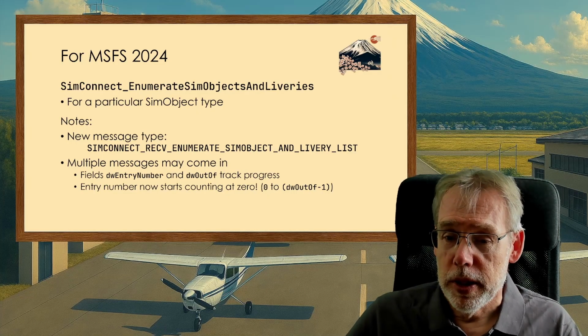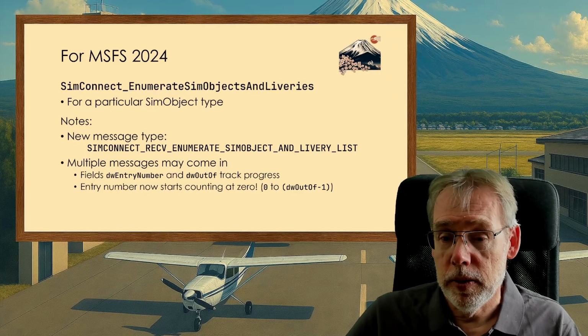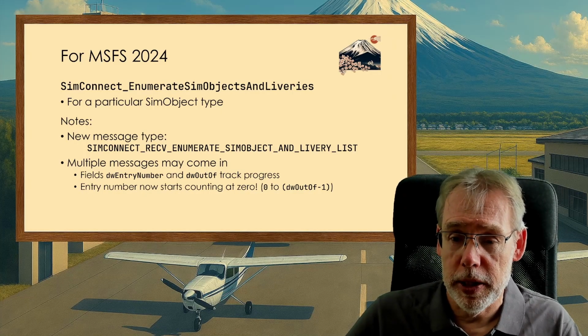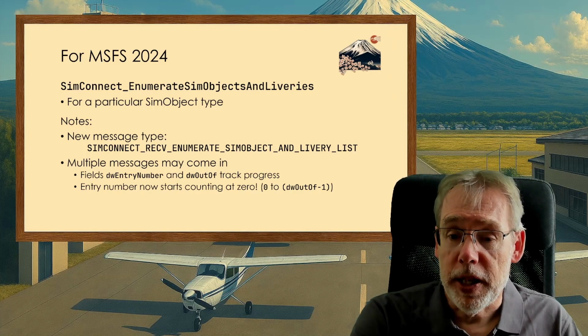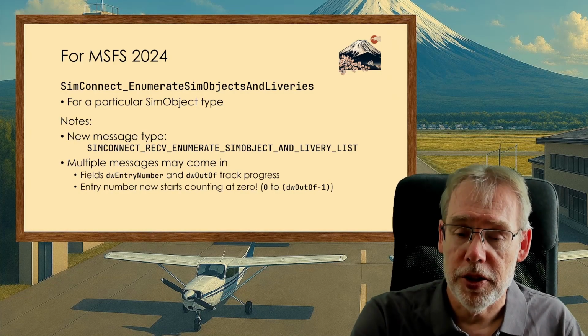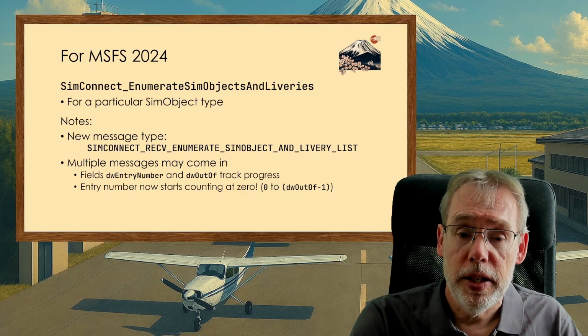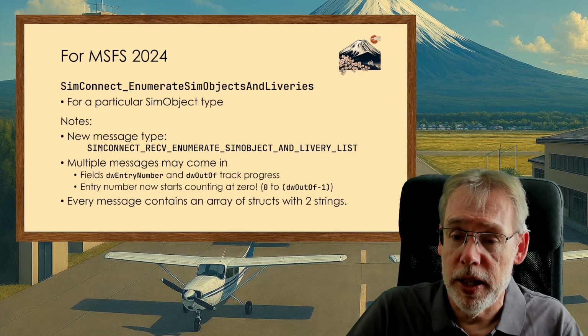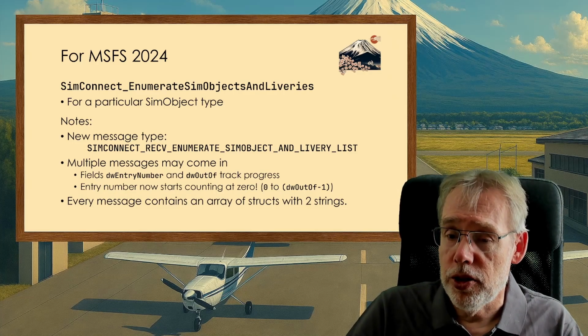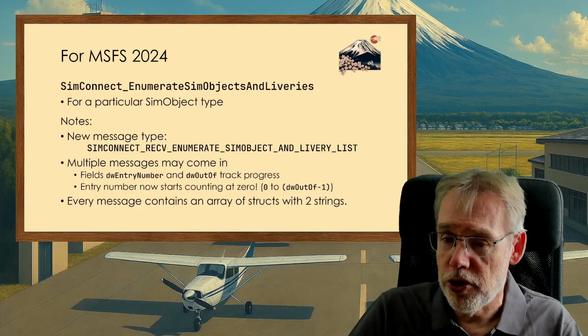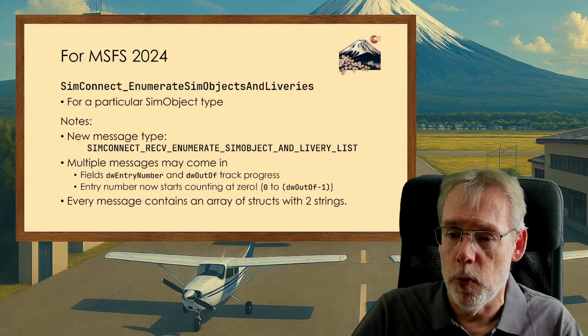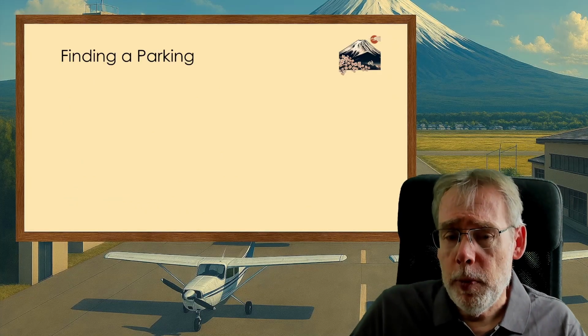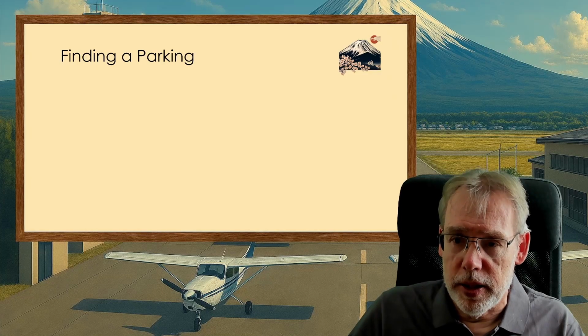So don't look at the name and say, oh, that's the same kind of name, so it will behave the same. But at least we can find out when the list is complete. And every single message will now contain an array of structs, and every struct will contain two strings, one the title and one the livery.